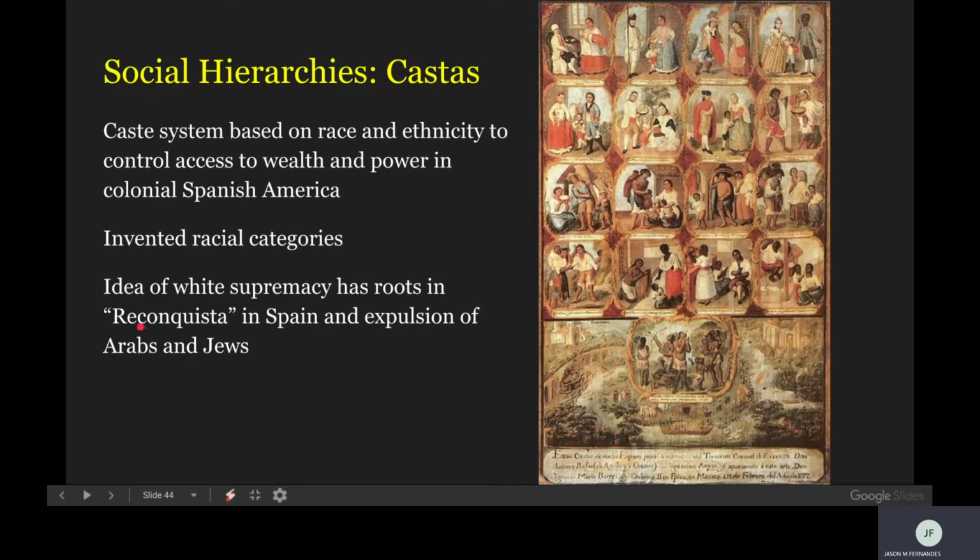That was part of what they called the Reconquista. They expelled any Arabs who were left and any of the Jewish population, right? So this kind of has roots in that, right? This distinction based on this idea of race, right? Which is essentially an invention, but they're going to roll with it, right? This is how you maintain power politically and economically, right? You kind of categorize people and put those folks below you, right?